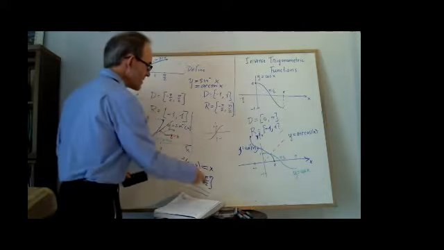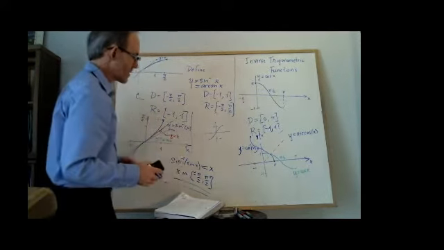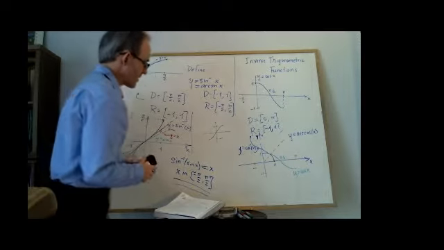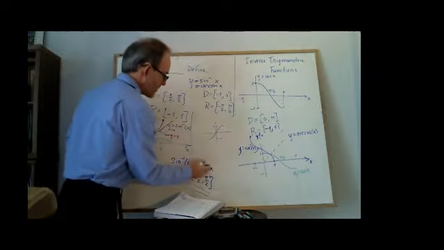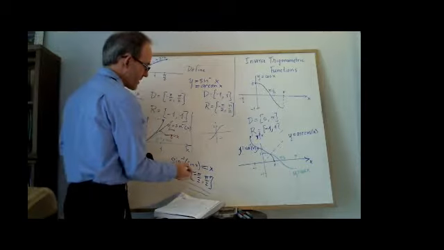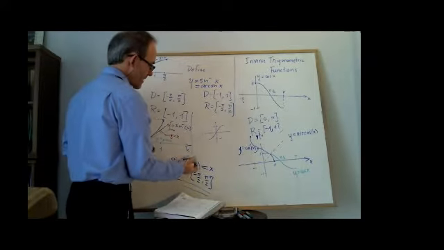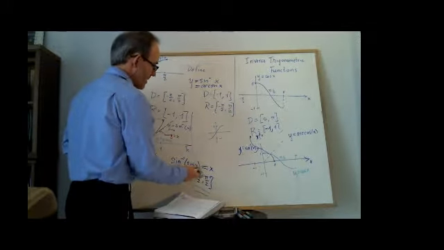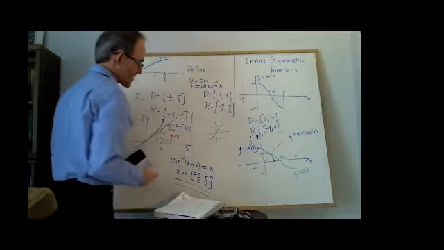If it's not in this range, then I'll take the sine of that, I can do that, and I can take the inverse sine of that, that's fine as well, but what I'll get in the end is not equal to this original x.